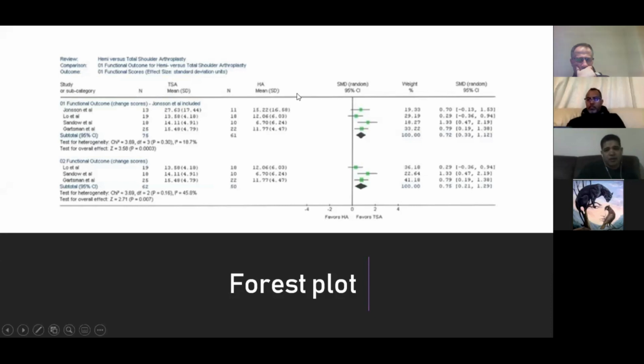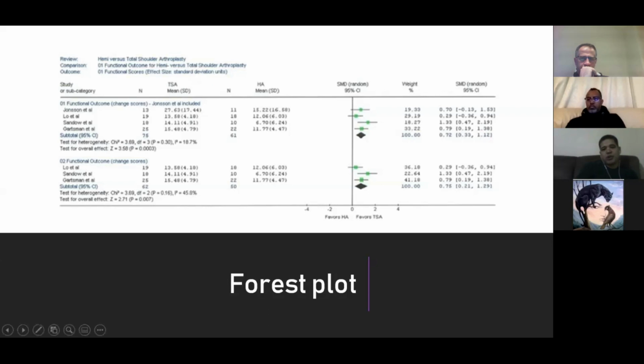We'll go there, and you will find squares and lines. The line here is the confidence interval. So the narrowest line is the narrowest confidence interval, and the widest is a wide confidence interval. And the square is the weight of the study. The bigger the square, the more weighted the study.